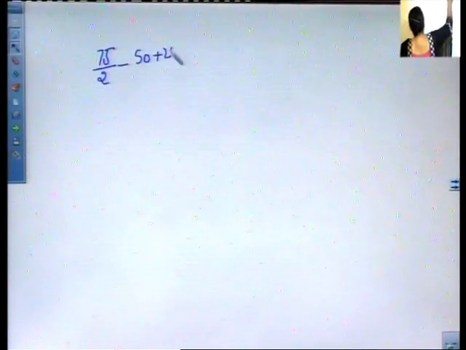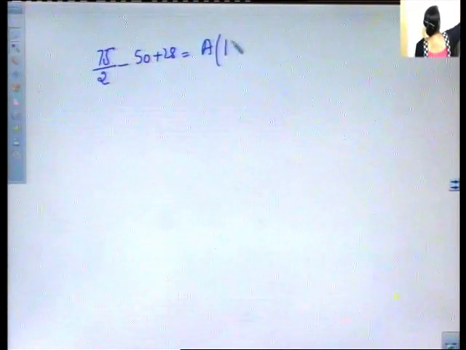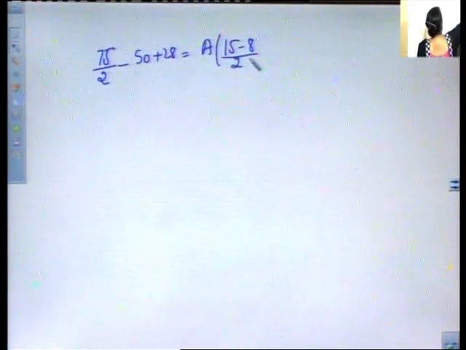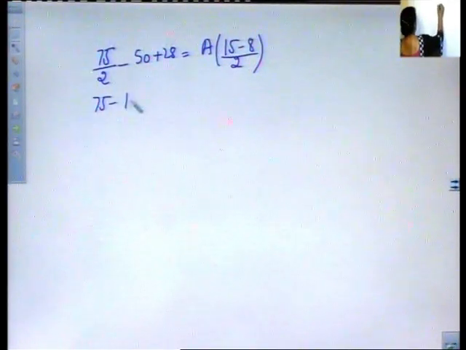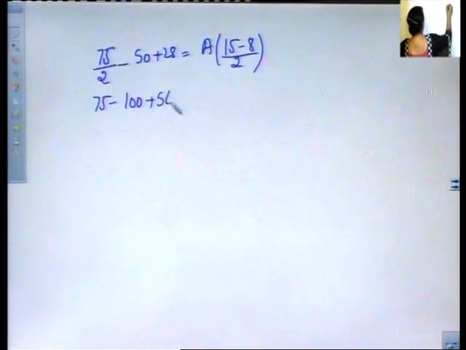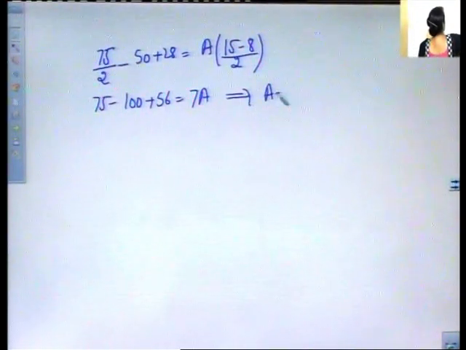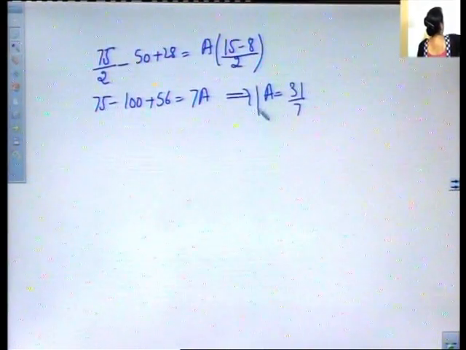So, this is 75 upon 2 minus 50 plus 28 is equal to a into 15 minus 8 by 2 and this is equal to 75 minus 100 plus 56 is equal to 7a. This implies a is equal to 31 upon 7.